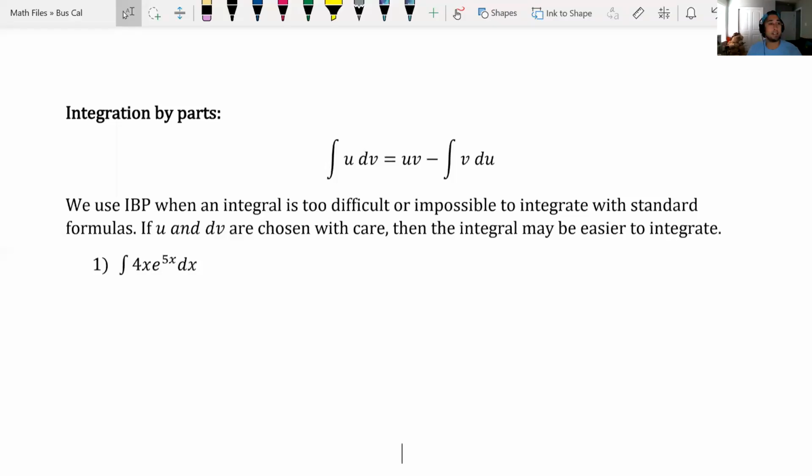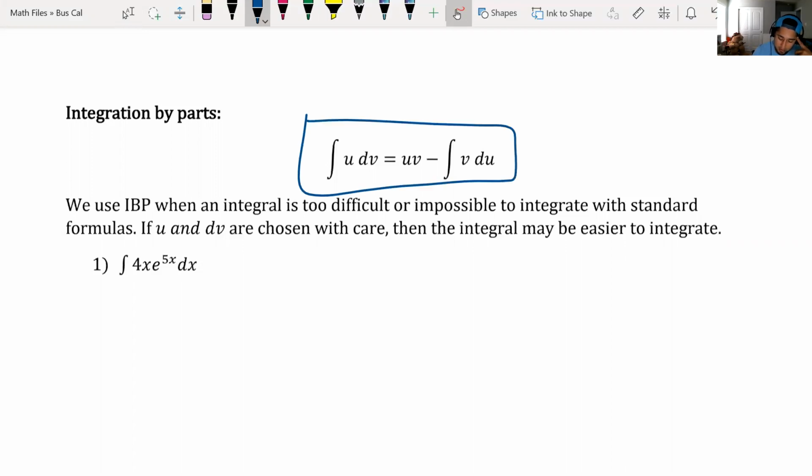All right, let's finish up this lesson. The last part we have is integration by parts, which is given by the formula right above. The integral of u dv will be equivalent to u times v minus the integral of v du, or "voodoo."